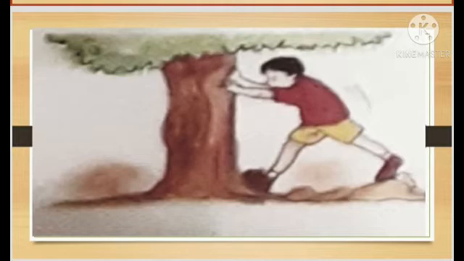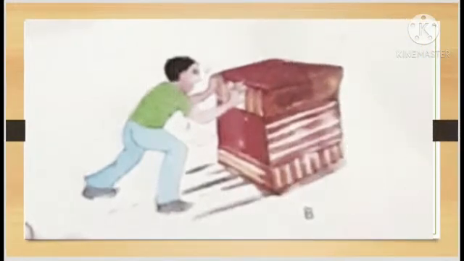You can say no. But let's discuss the second picture. This green shirt boy is also pushing the heavy box, and the scratches on the floor are showing us that this boy is able to move this heavy box.